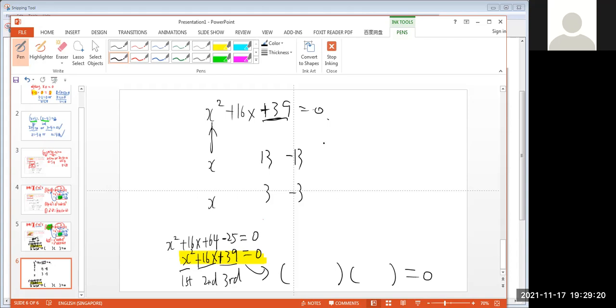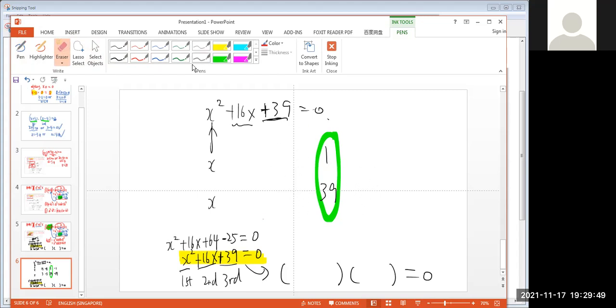There are other variations like 1 times 39, and then negative 1, negative 39. And you are going to test which combination gives you plus 16x. So let's test one of them first. Let's test this one first, 1 and 39.